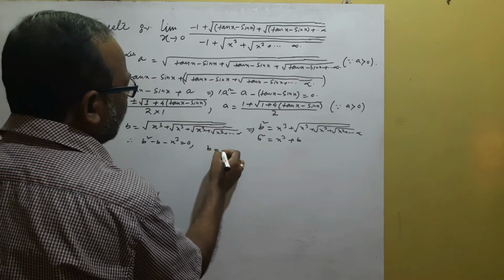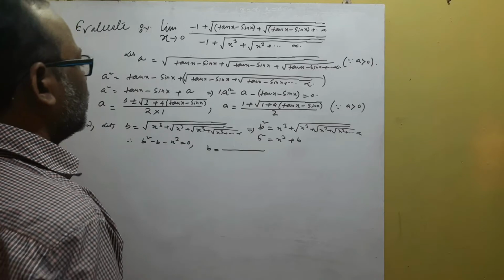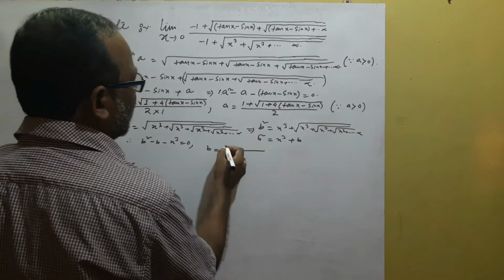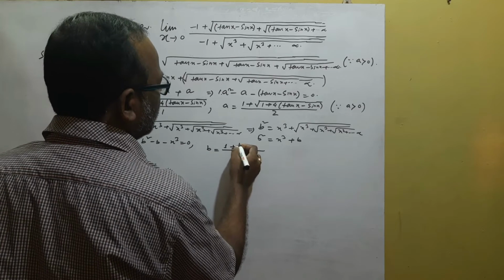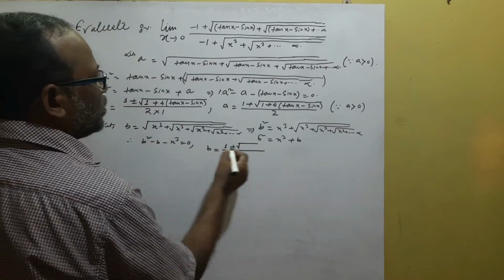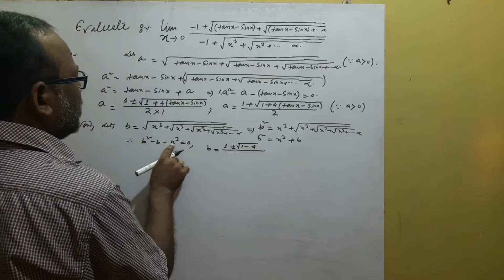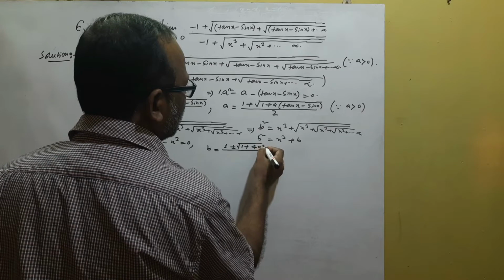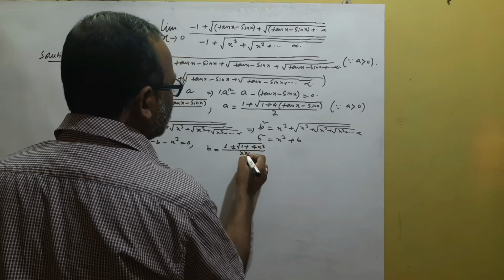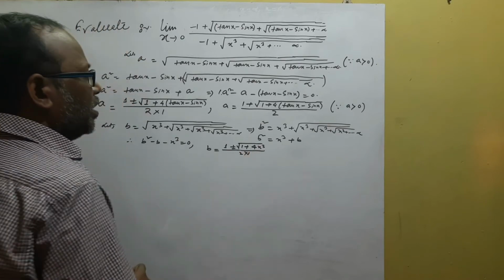Again we apply the formula of Sridhar. So b is equal to minus b plus minus root over b square, that is 1 square minus 4ac, where a is 1 and c is minus x cube. So this is plus 4 times x cube, divided by twice a.